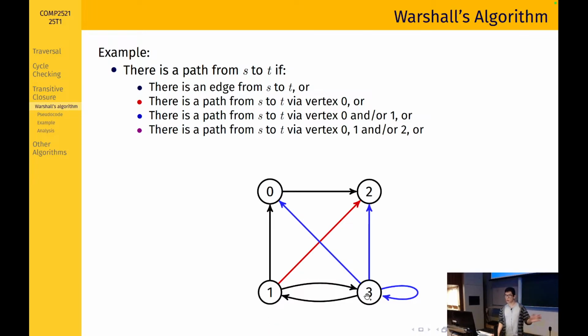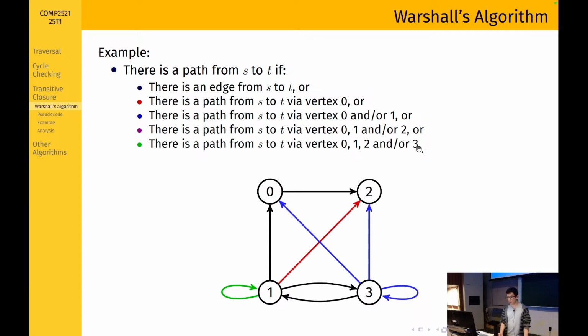And so on. In the final iteration, we would see that there's a path from S to T via vertex 3. So every iteration we're admitting one vertex to be used as an intermediate vertex in the path.